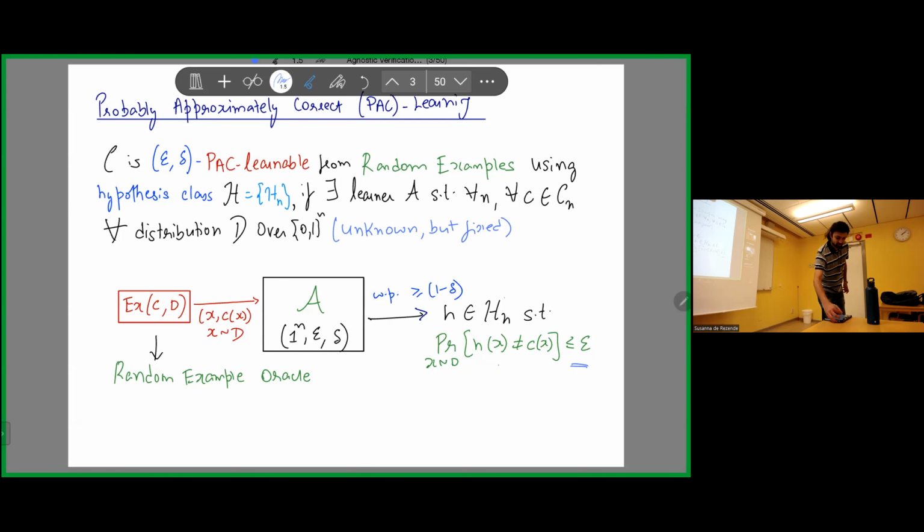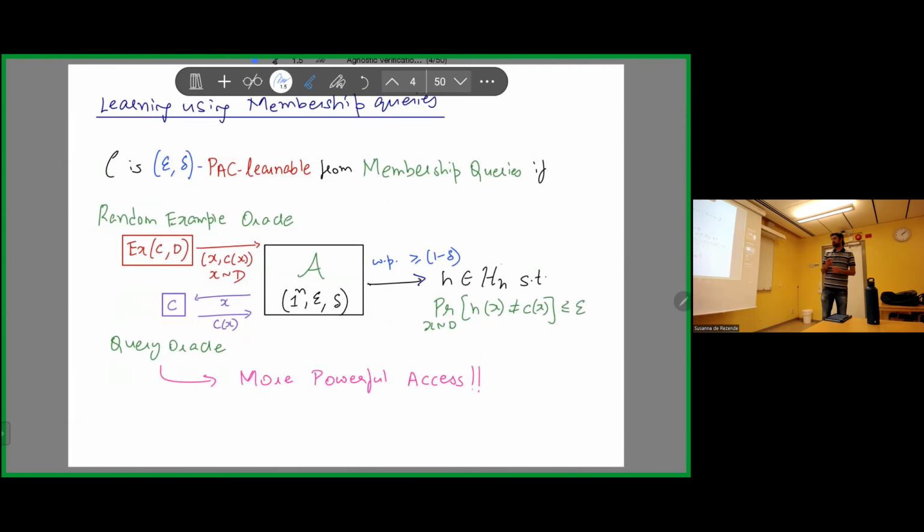So moving on. We also think about learning using a much more powerful form of access, which is membership queries. Here, in addition to the random example oracle, your learning algorithm also has access to some boundary points of the data set.